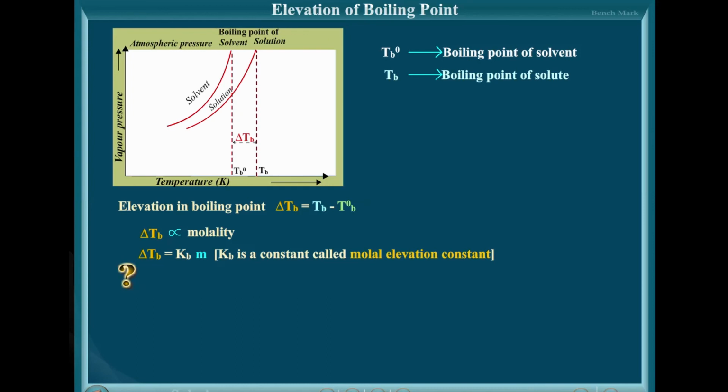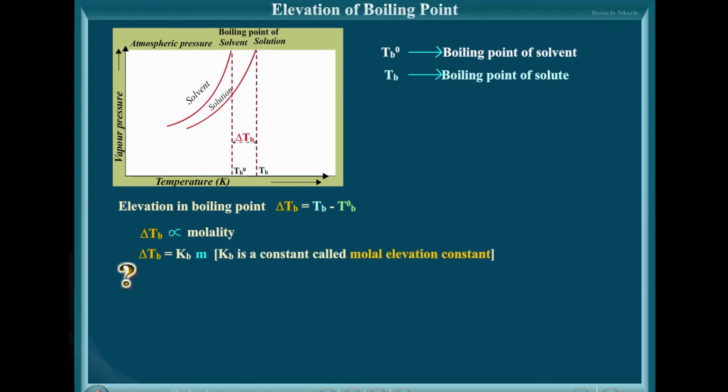So we can define here the molal elevation constant. The molal elevation constant of the solvent may be defined as the elevation in its boiling point when 1 mole of a non-volatile solute is dissolved per kg of the solvent. The unit of Kb is Kelvin kilogram per mole.